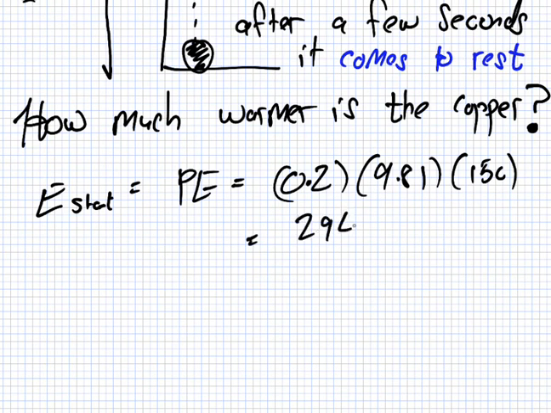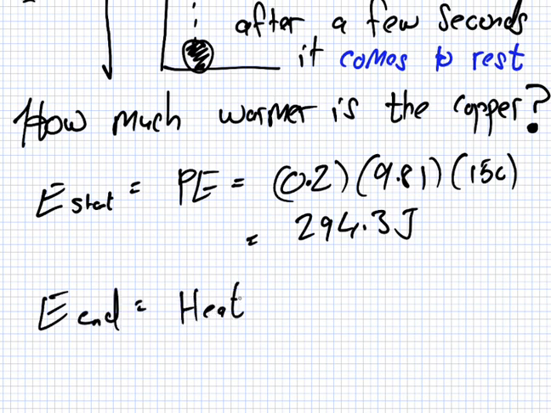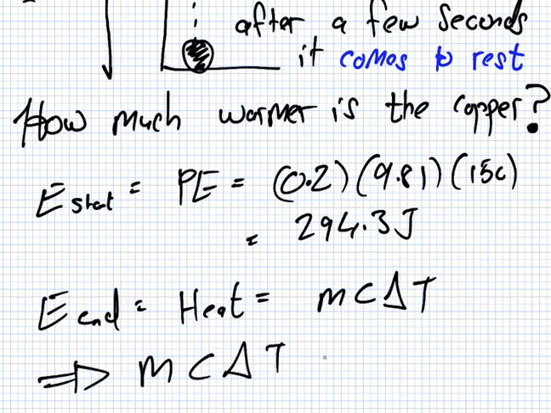294.3. Okay. And all of this energy at the end gets turned into heat, which is mc delta T. So you have, therefore, mc delta T equals 294.3 joules.